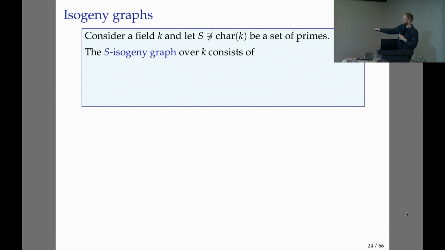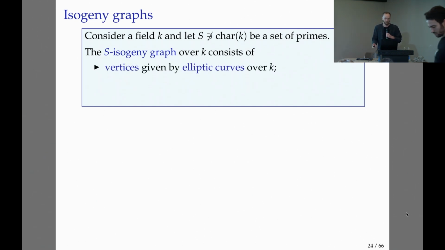So to do that, we choose a set of primes. These are going to be degrees of isogenies. And then we define the isogeny graph with respect to this set of primes, just by saying the vertices are all the elliptic curves over our base field, which will be a finite field in the usual case.